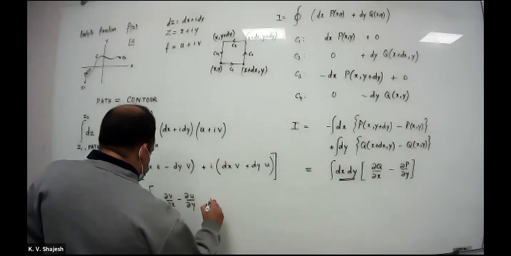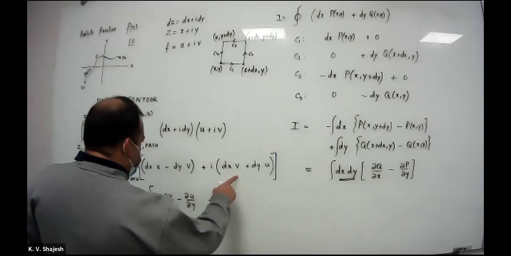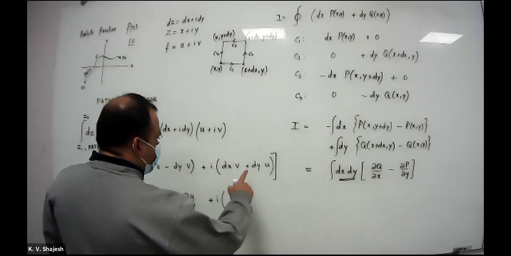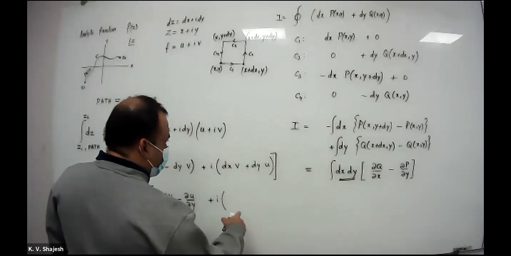And plus i times, v plus u. So v is p. So this is dq.